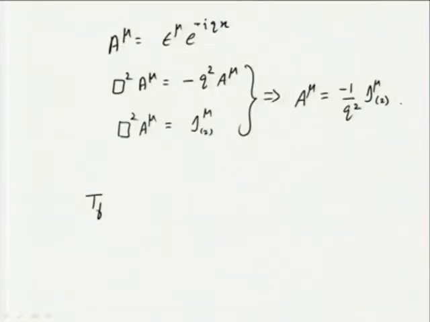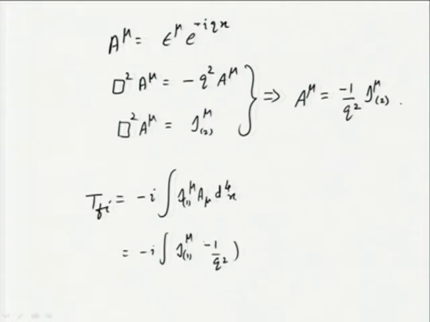Rather, there is then minus 1 over q square j2 mu, which is the current associated with that particle. Now, look at T f I. It is minus i j1 mu A mu d4x, which is equal to the integral of j1 mu times minus 1 over q square j2 mu d4x.